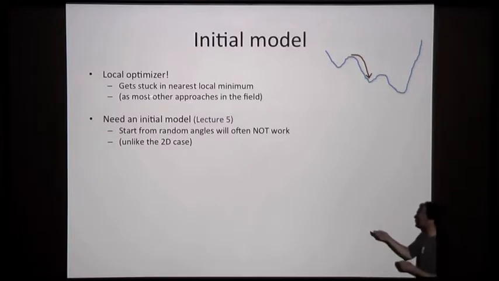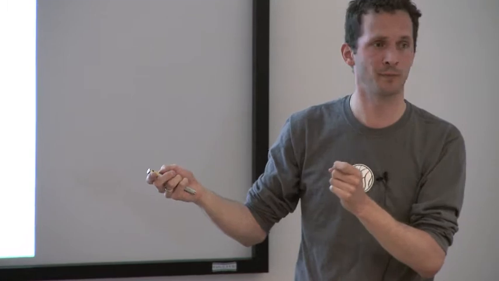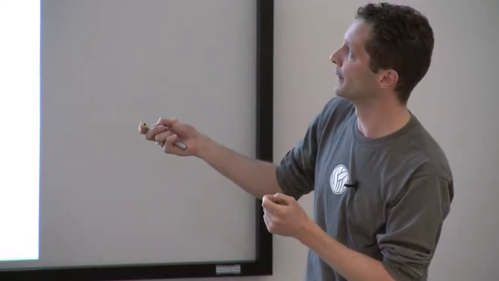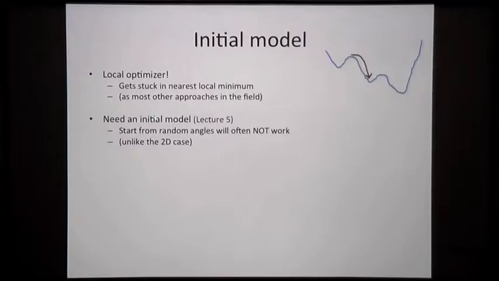So very often, actually most of the time, we prefer to start from some initial model that makes sense, okay? And Paula on Friday, of course, discussed several of those methods on how to generate such an initial model, okay? The fact that we need it is because, unlike the 2D case, we can't really start from random angles very often, okay?